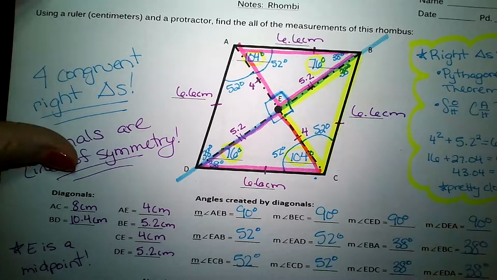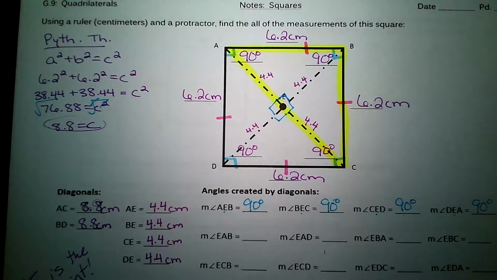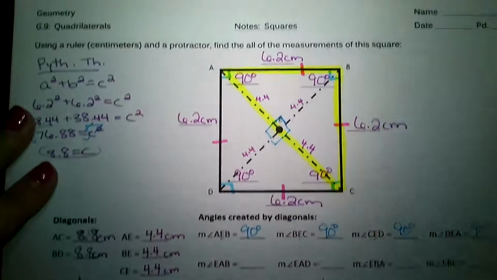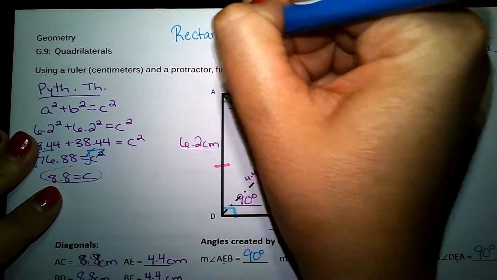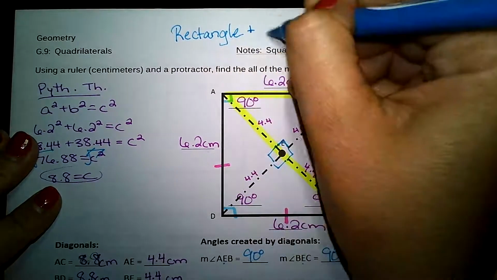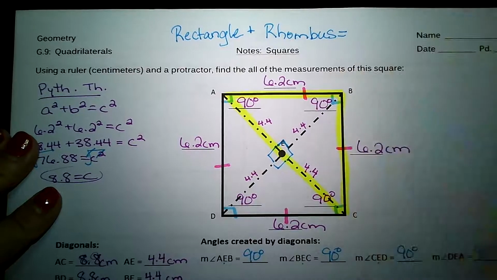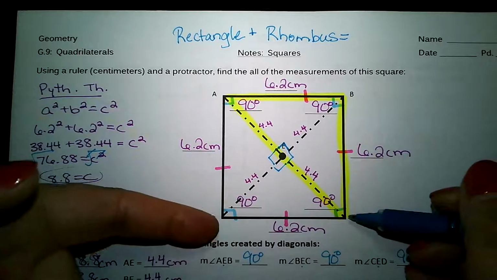So we're squishing shapes together. You guys, I want you to think of a square as kind of the marriage of a rhombus and a rectangle. If you put the properties of a rectangle together, combined with the properties of a rhombus together, you end up with a square. The rectangles have those 90-degree angles.